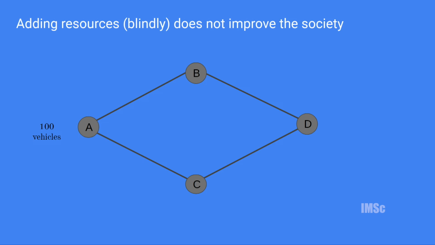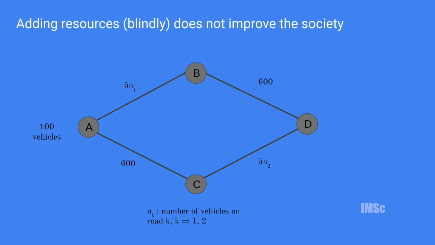Naturally they want to reach as quickly as possible so that they can get more sleep. But the trouble is that these roads are not identical or symmetric. So here is the amount of time it takes to go from A to B, B to D, A to C, and C to D.